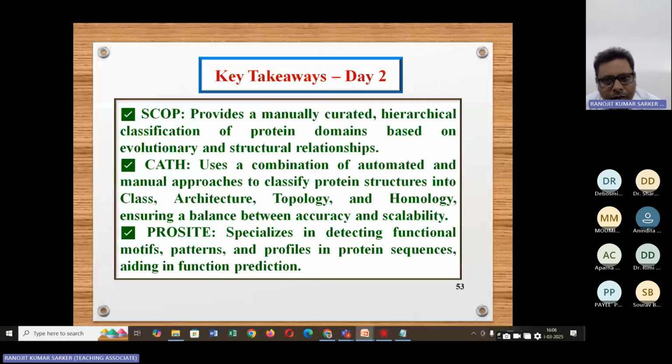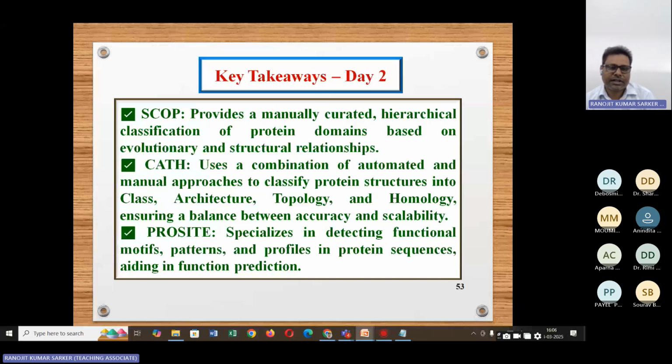So what are the final takeaways for day 2? We have discussed SCOP, the manually curated hierarchical classification of proteins, and we have discussed CATH, secondary databases that determine class, architecture, topology, and homology.